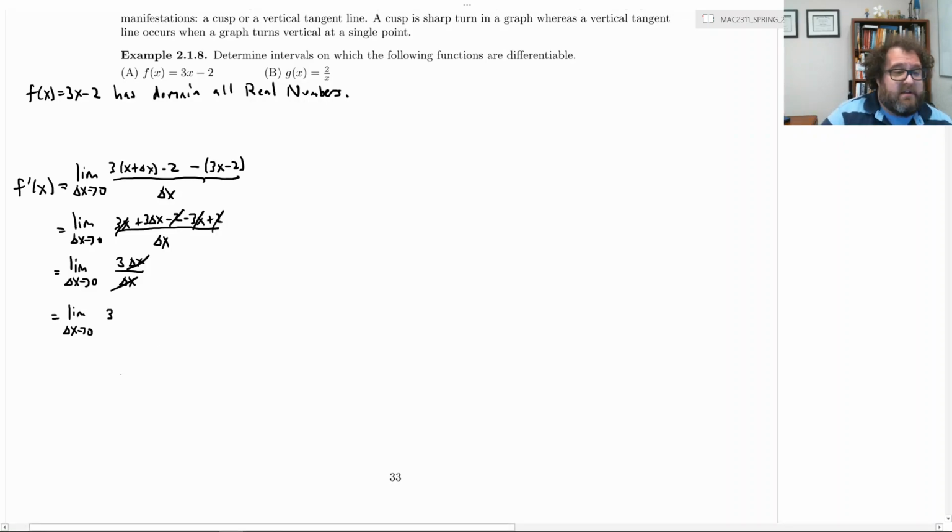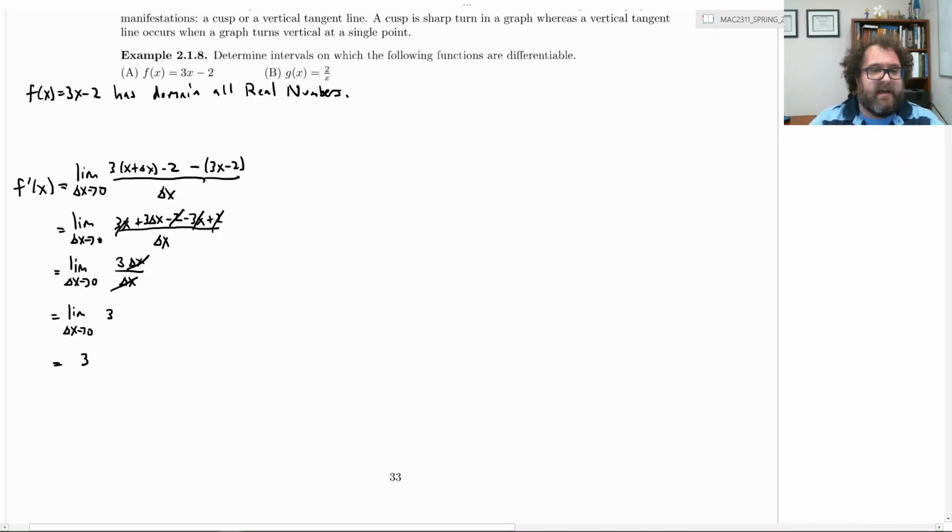So here, in other words, think about it, there's nowhere to plug in a delta x. So whether you're plugging in delta x is 0 or a million, it makes no difference because we have a constant function, and so the limit is just 3. Okay? Now this might seem a little weird, but that's our derivative.